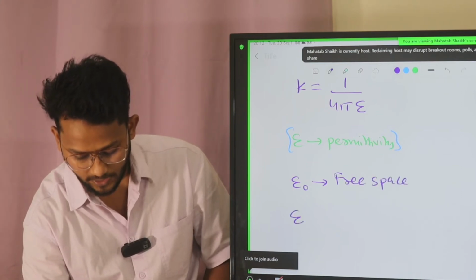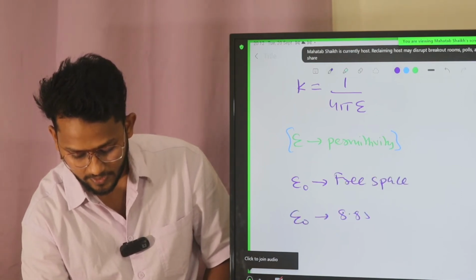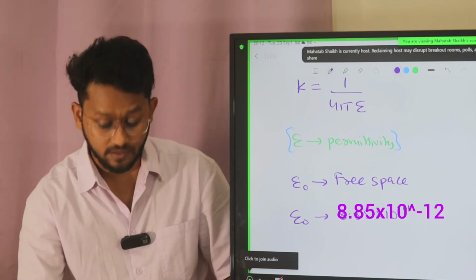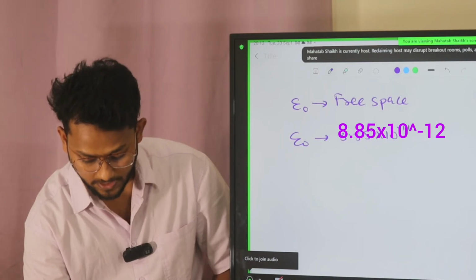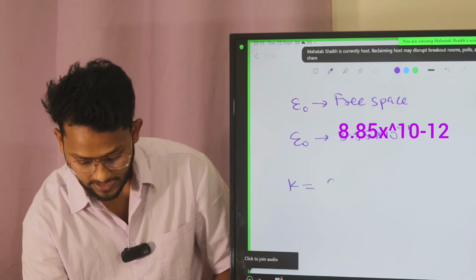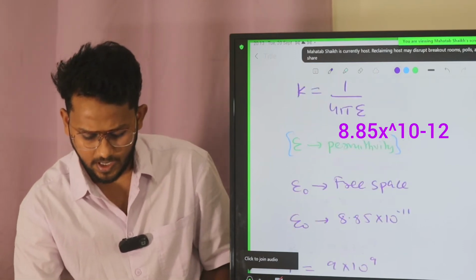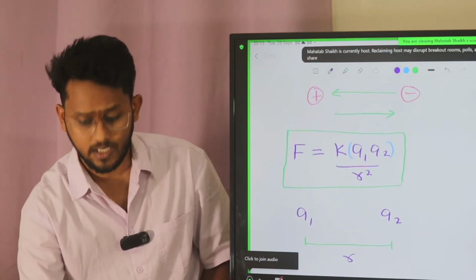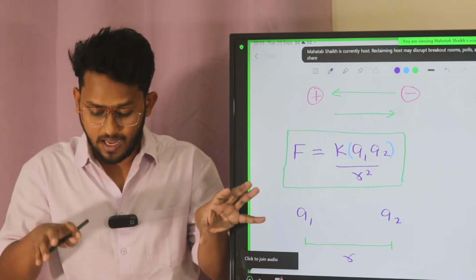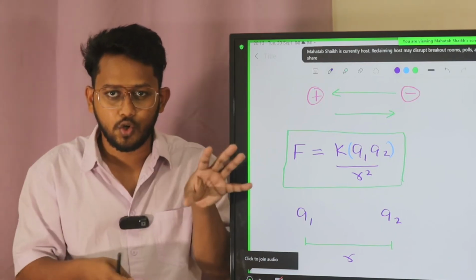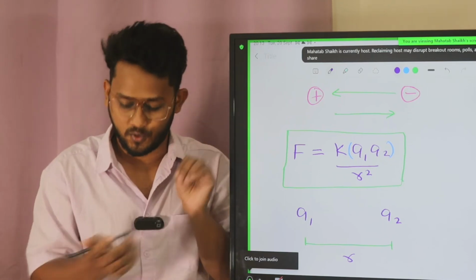It has a value of 8.85 times 10 to the power minus 12. Now when we put this value of epsilon, the k value becomes 9 times 10 to the power 9. To find the unit, it's very simple. You get this k over here, force is Newton, r square is meter square, and Coulomb square is getting divided, so the unit is Newton meter square over Coulomb square.